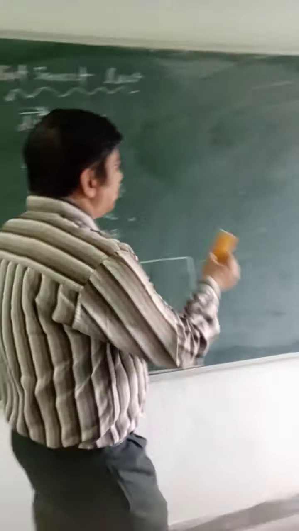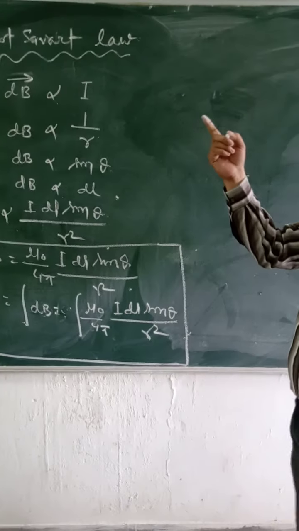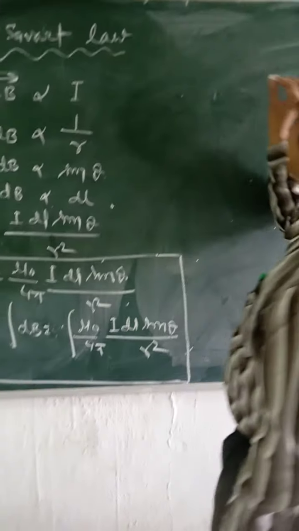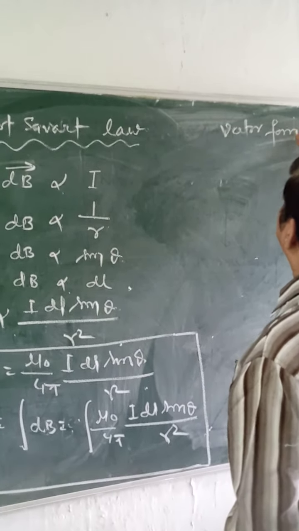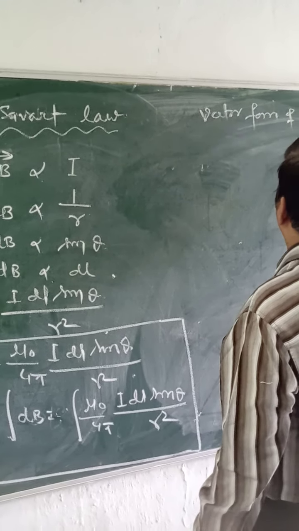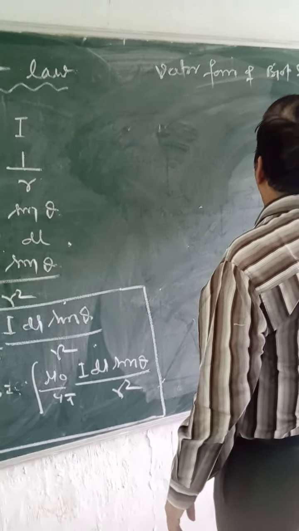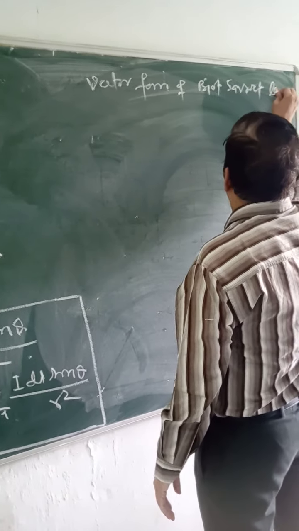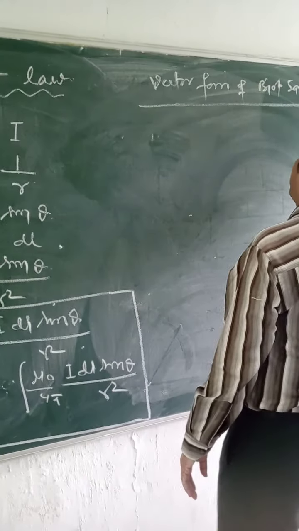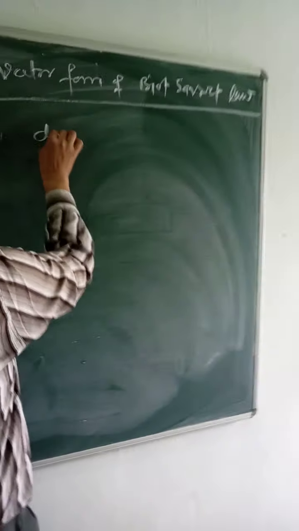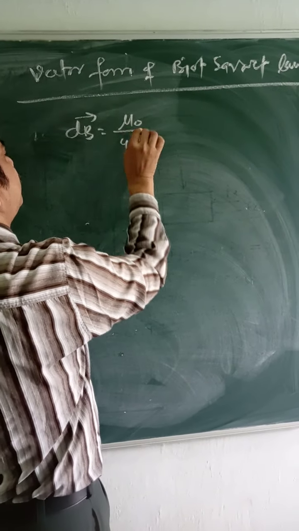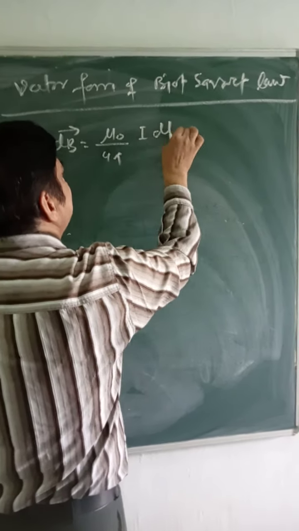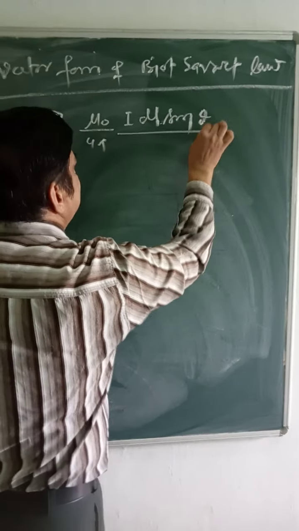Now, as I told, this magnetic field is a vector quantity. So what is the vector form of the Biot-Savart law? In the vector form, dB vector equals mu 0 upon 4 pi I dl sine theta divided by r square.